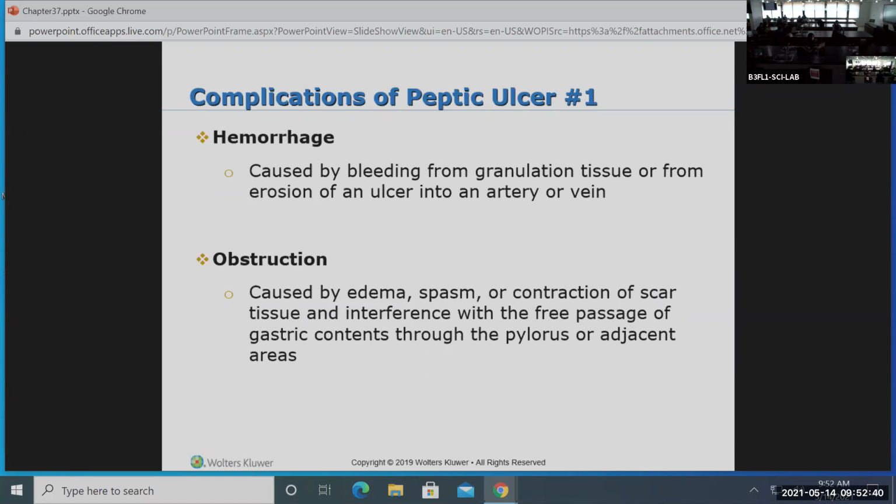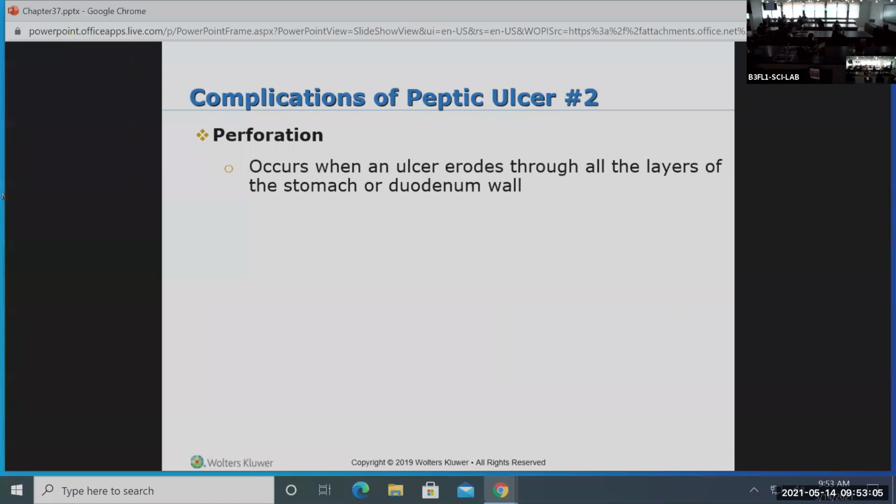Because of the chronic gastric ulcer, look at that one, this obstruction is caused by edema, spasm, or contraction of the scar tissue, and interference with the free passage of gastric content through the pylorus or adjacent areas. Gastric outlet obstruction needs surgery. Perforation, which I already said, is also one of the complications.